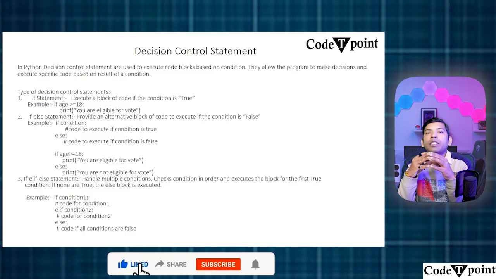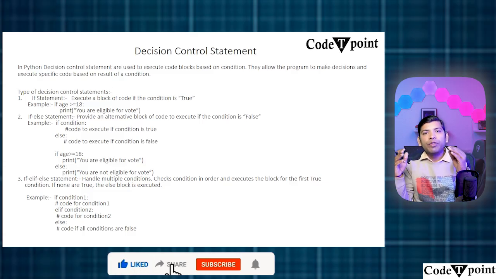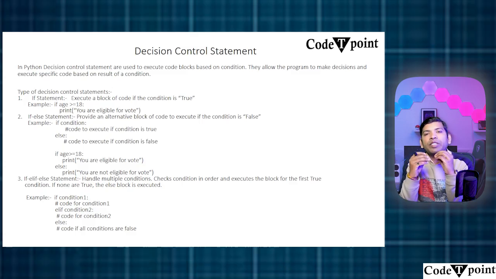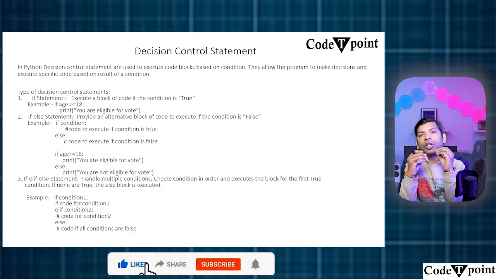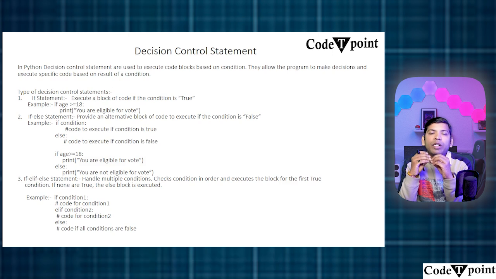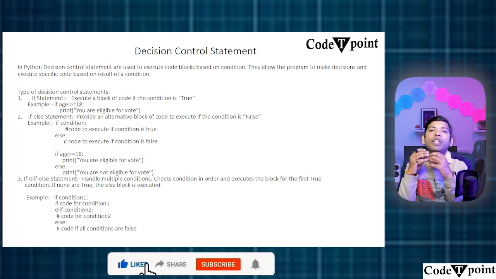Let's say there are some conditions which are supposed to be applied in our program. For example, if you want to purchase a mobile phone, you have set some criteria or conditions for the features of your desired phone.